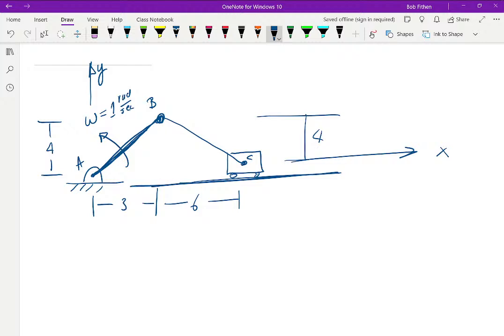So we could write the velocity of B is equal to the velocity of B relative to A plus velocity of A. If this is fixed to the ground, then it has no velocity. Then what you realize is this is the omega of link AB.